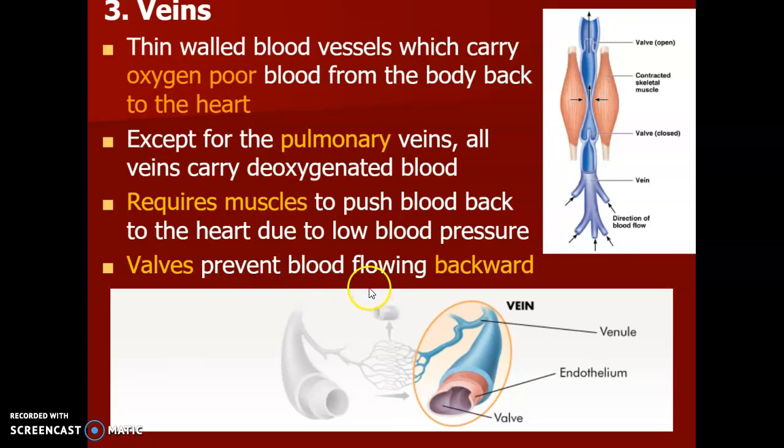Veins have valves, like we learned in the video the other day, to prevent blood from flowing backwards. Here's a valve. Here's another picture of a valve and a valve. So the blood pressure is so low that muscles around the veins actually push and squeeze the blood up. And then the blood goes through a valve, and then the valve shuts. The valve only lets blood go in one direction.